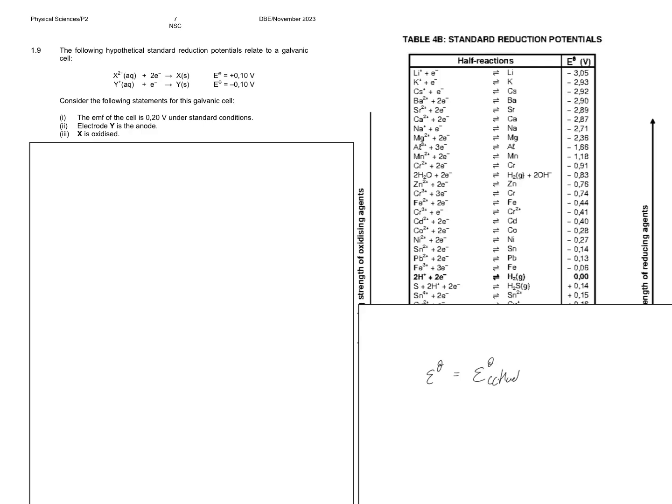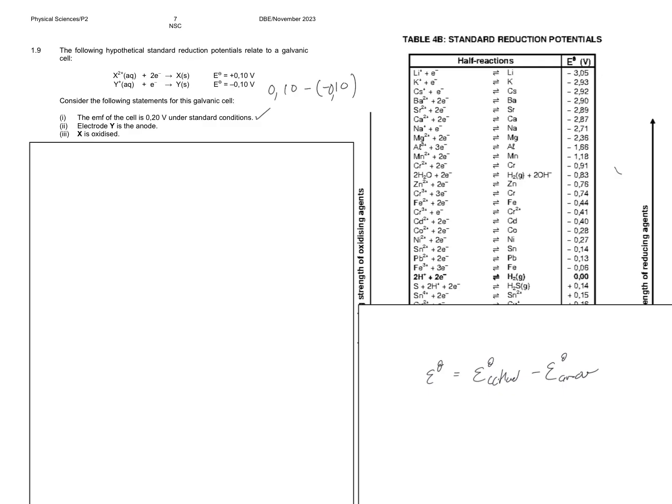Cathode minus anode. So that will be the one at the bottom, which is typically positive, minus the one at the top. So in this case, normally you would do 0, 0,10, and then you would subtract the negative one. Sorry, 0, comma. So this is correct. I is correct.